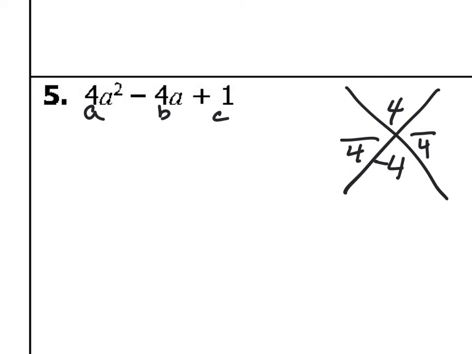All right, so factors of 4. 1 times 4, well, that doesn't add up to negative 4. How about negative 2, negative 2? If we add them together, we get negative 4. If we multiply them, we get positive 4. So it's going to be negative 2, negative 2, which reduces to negative 1/2.